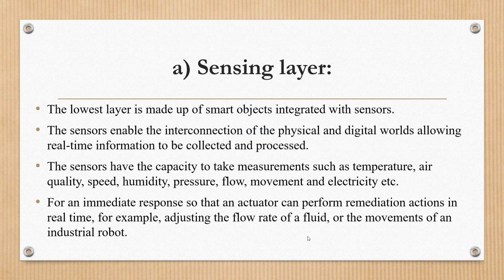Going through each one, as I have mentioned, we have the sensing layer as the bottom or first layer, made up of smart objects integrated with sensors, actuators, and a computing device, where the sensors are there for collecting data from the environment, and actuators are there for performing physical activities on the environment.